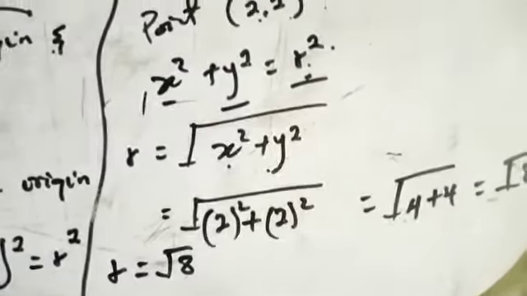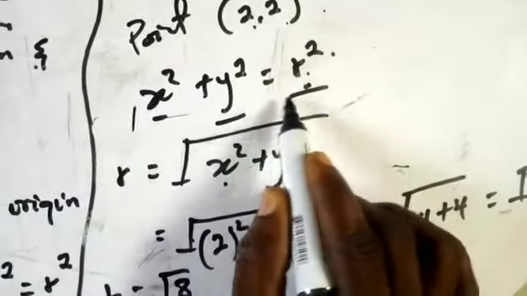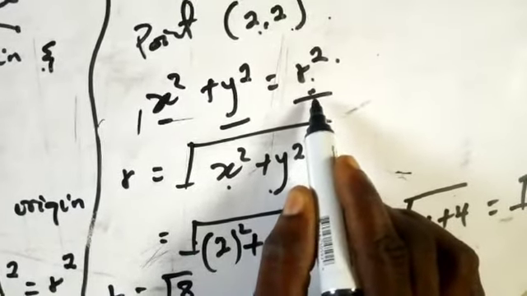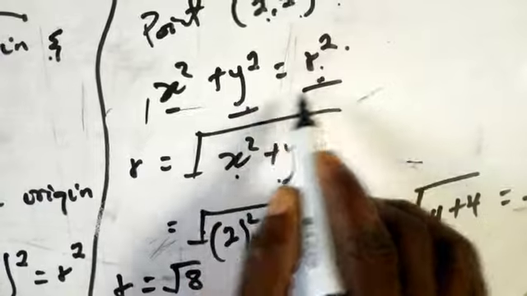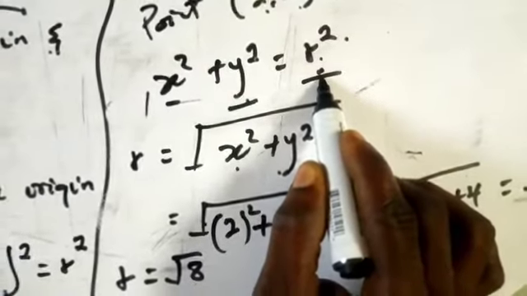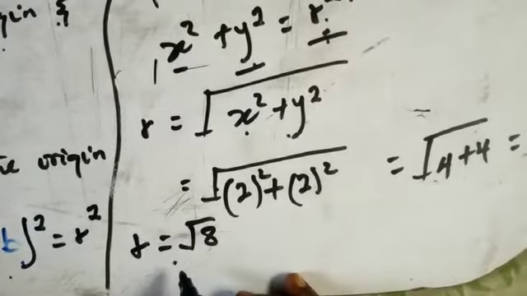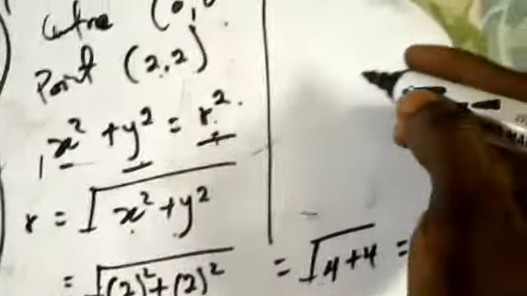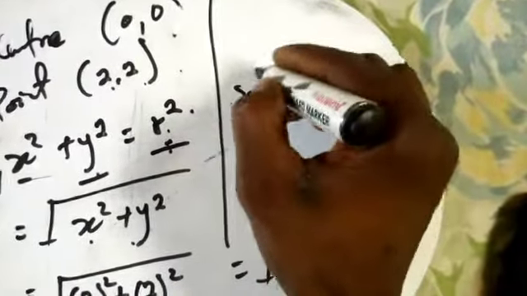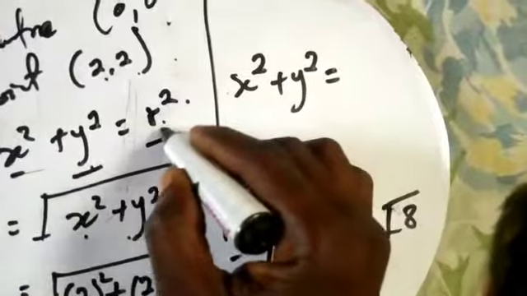Is that okay? Now let's write the equation of the circle. We know that the equation of the circle has to be in this form, right? Since we are at the origin, we maintain the x and the y over here, and then you find the r squared. So for you to write this equation perfectly, that should be x squared plus y squared is equal to r squared here, but not r.